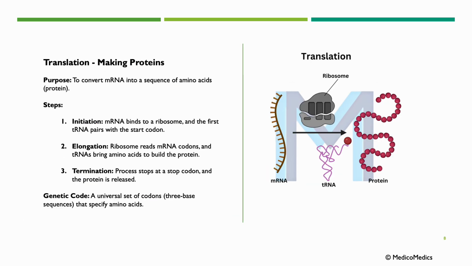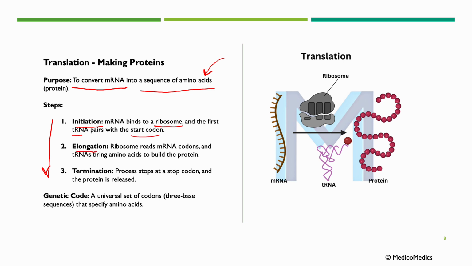So translation, making proteins. The purpose? To convert messenger RNA into a sequence of amino acids, meaning proteins. The steps here are the same. So we have initiation. mRNA binds to a ribosome, and the first tRNA, or transfer RNA, pairs with the start codon.